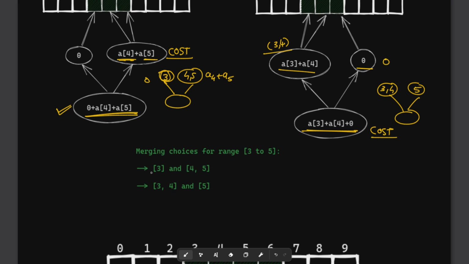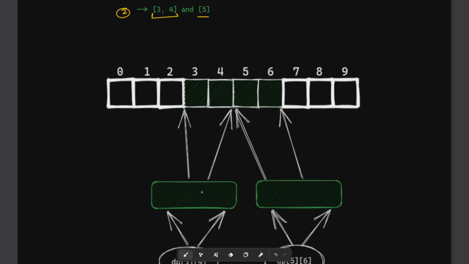Okay, so these were the two choices that were available for a case where we need to merge the subarray from indexes L to R into a single array by performing the operations that are available in the question. And there were two choices: either keep the first as it is, merge the last two, then combine them, or keep the last one as it is, first merge the first and second, and then combine it with the last, and so on.